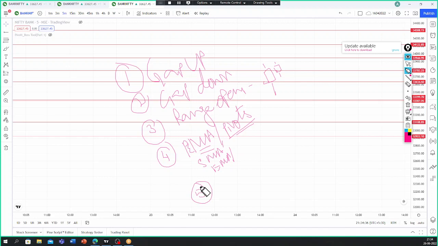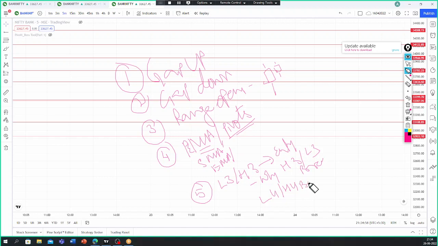Then we'll cover Camarilla L3 and H3 entry, and we'll see why an H3 or L3 breakout fails, or even an L4 or H4 breakout fails.